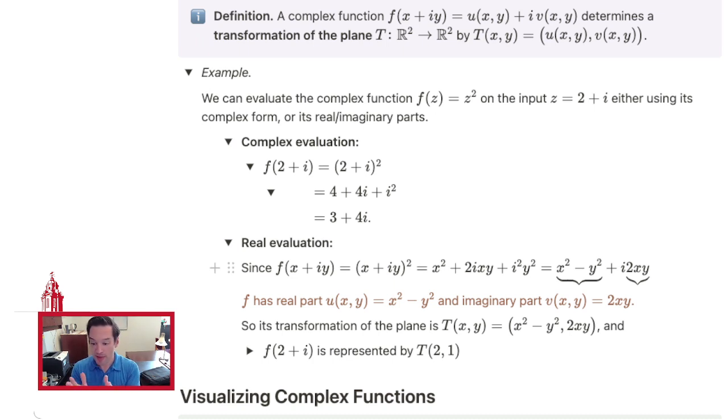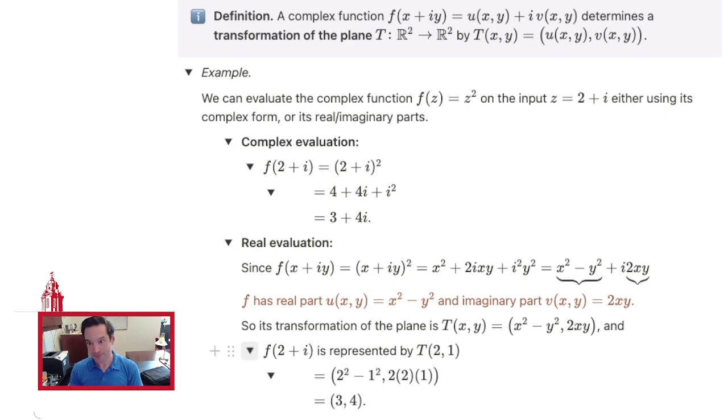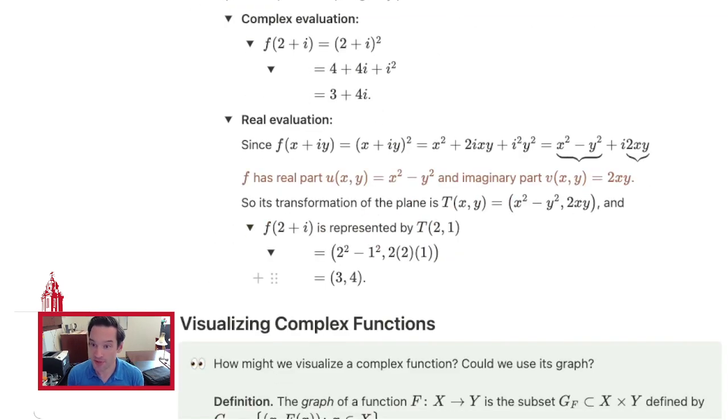And so I would just be plugging x equals 2 and y equals 1 into the real part function and into the imaginary part function separately. And if I do that, we get the predictable result: x squared minus y squared, the real part, for x equals 2 and y equals 1 evaluates to 3, and 2xy evaluates to 4. And that just happens to exactly agree with the real and the imaginary parts that we got when we evaluated this as a complex function.